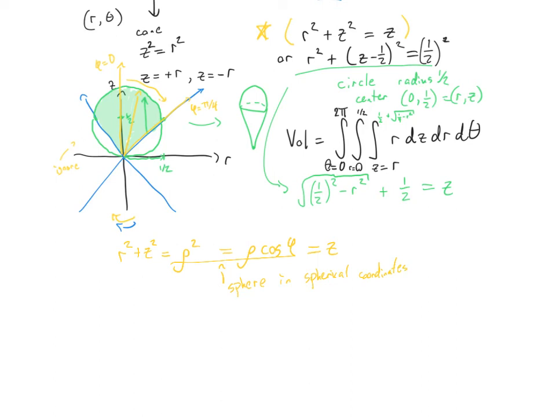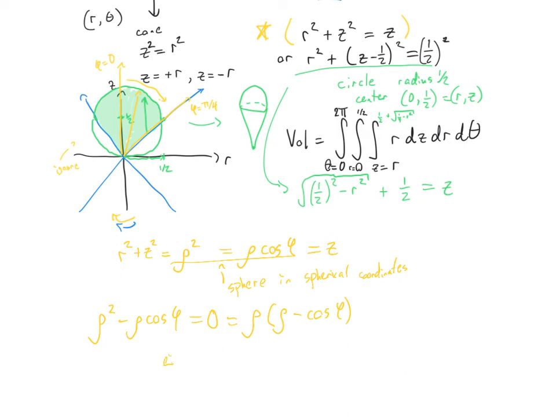In fact, if we move it all to one side, this looks like rho squared minus rho cosine phi equals 0. And so there's two ways the left thing could equal 0, right? You can factor it as rho times rho minus cosine phi.